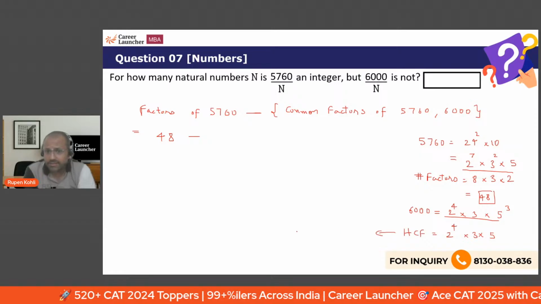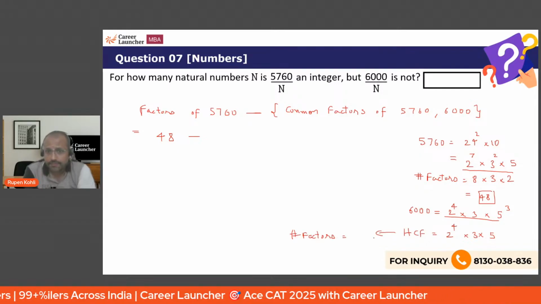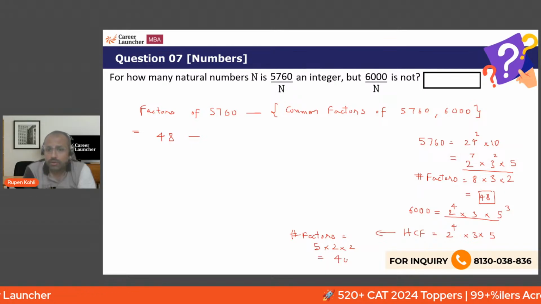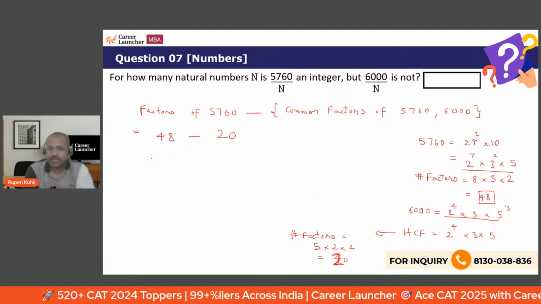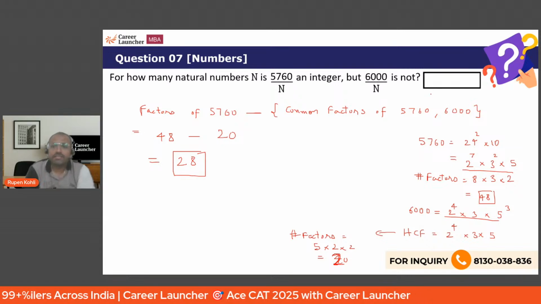How many factors does this HCF have? The number of factors of this HCF is 5, 4 plus 1, and 1 power on 3 and 5, so into 2 into 2, which is 5 into 2 into 2. Sorry, 20, right? 5 into 2, 10 into 2, 20. So 20 are the common factors, and therefore we are left with 28 factors which satisfy this condition.